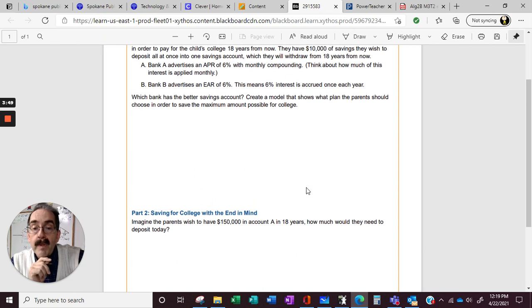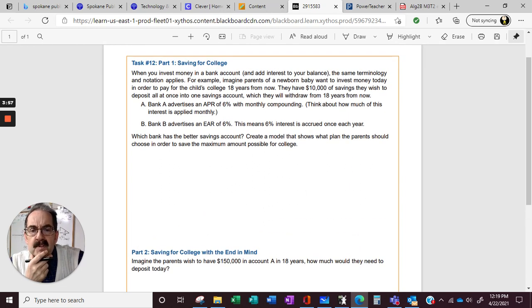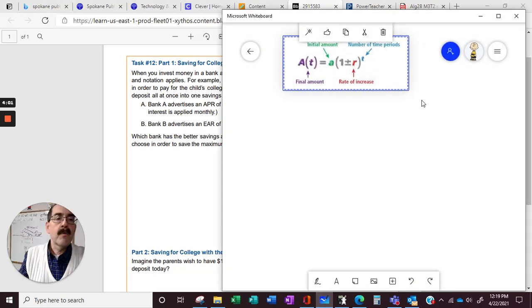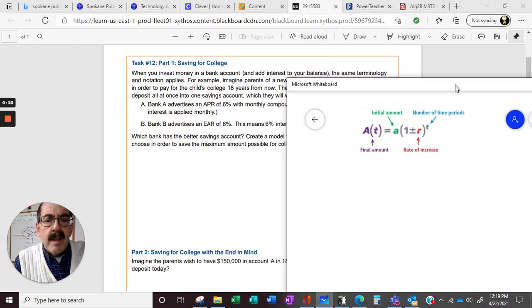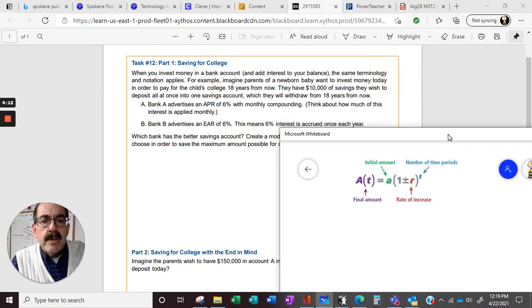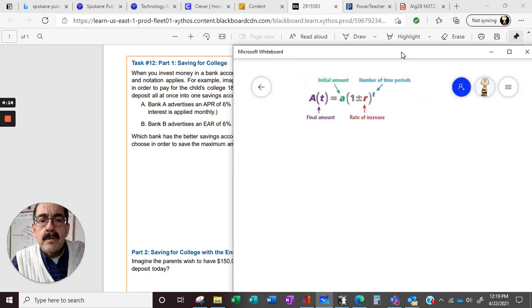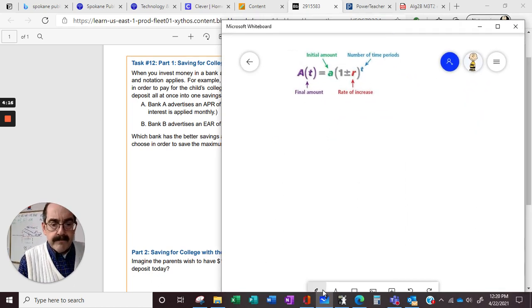On this one, we're going to assume the 6%. Let's do 6% on all three. I've already copy-pasted the actual formula in here for us to get started. And what are we talking? 18 years, $10,000, 6%. So here we go.